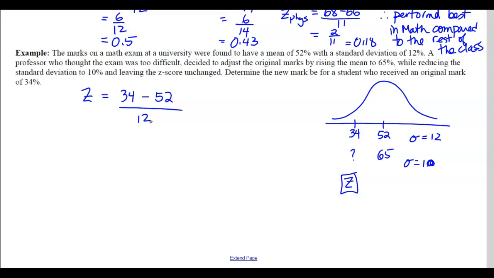Okay, so 40 would be 12, and 6 is 18, negative 18 over 12. So negative 1.5.